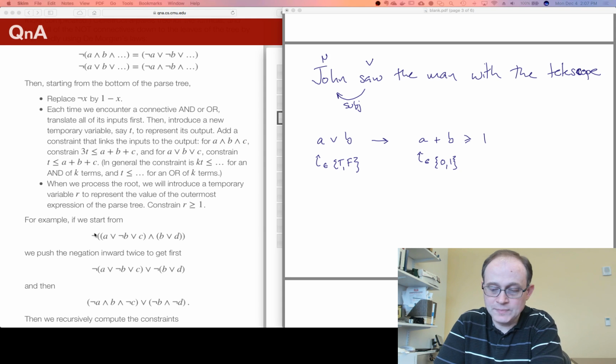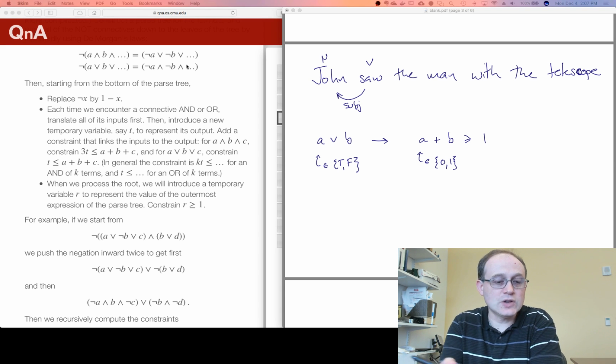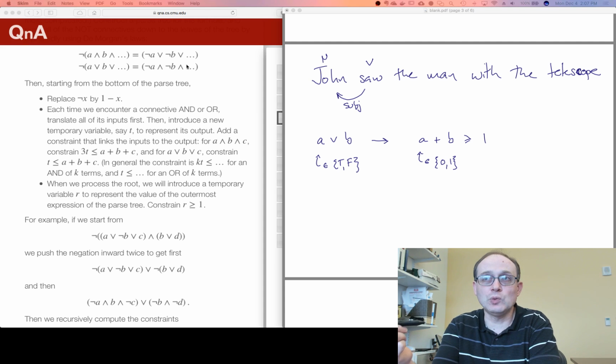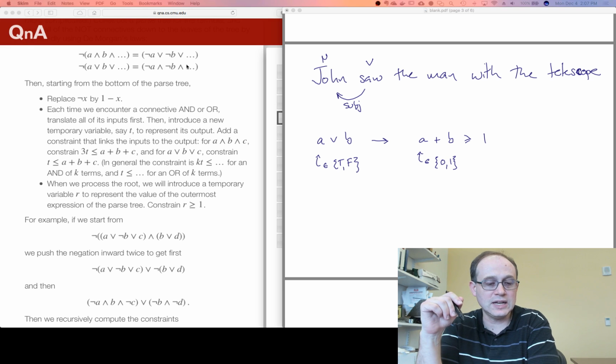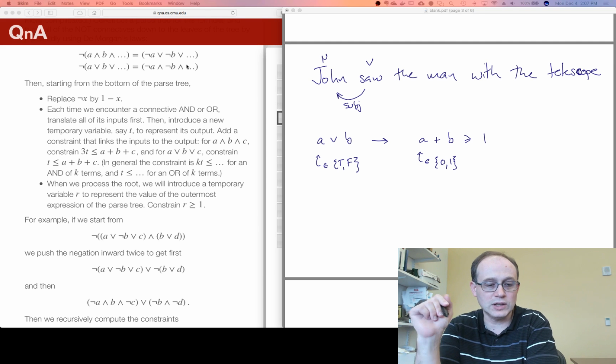What I'm going to show is a procedure that will work for any formula that contains and, or, and not as its connectives. And that's a fully general set of connectives. You can express any logical constraint in terms of those connectives. And so what I'm going to give is a general procedure for representing logical formulas as inequality constraints.